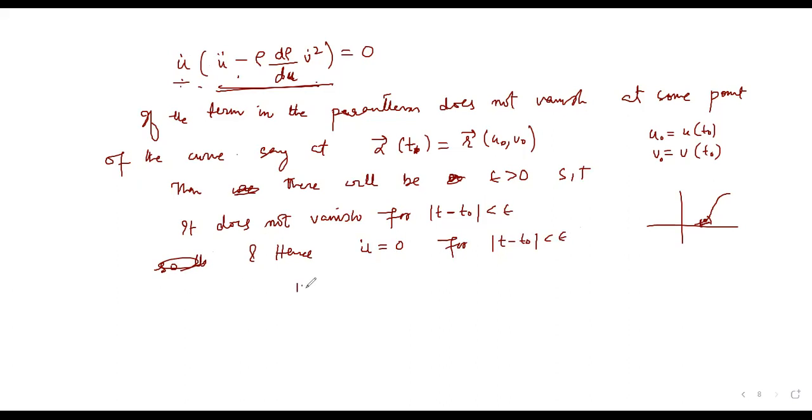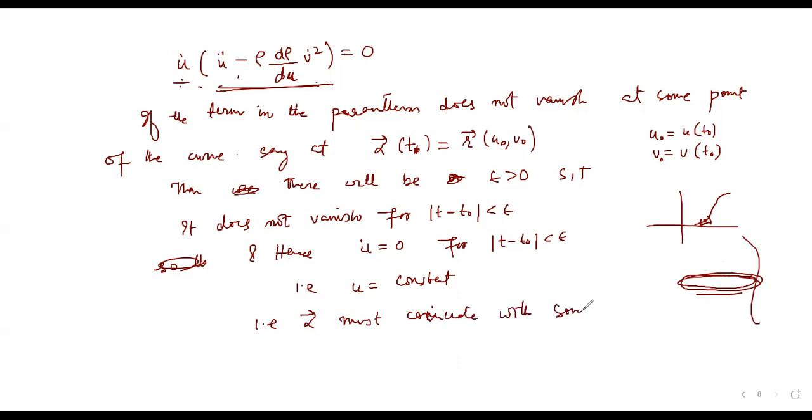That means u must be constant, that is alpha must coincide with some part of a parallel, because u constant means parallel, right, since here v runs and u is fixed, that is a parallel on the surface of revolution. Alpha must coincide with some part of a parallel for t minus t naught less than epsilon, which contradicts our assumption.